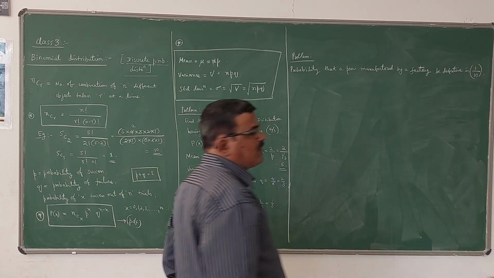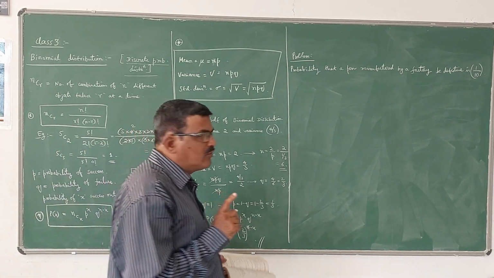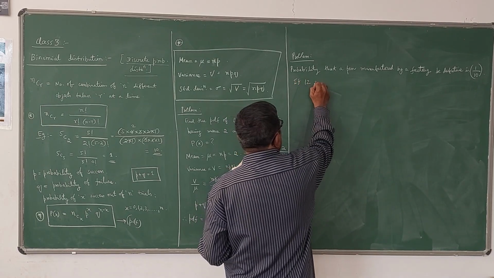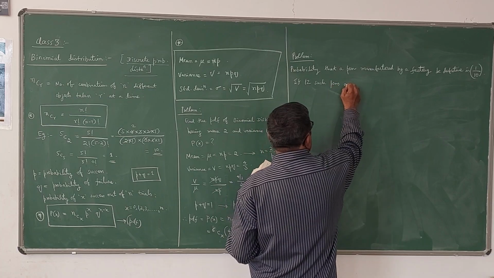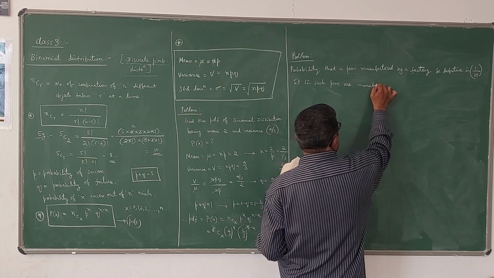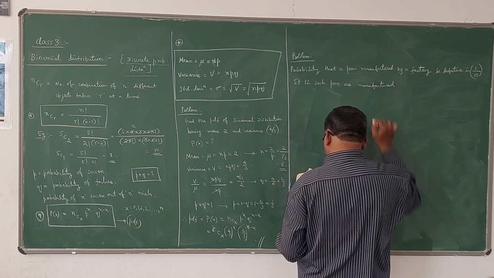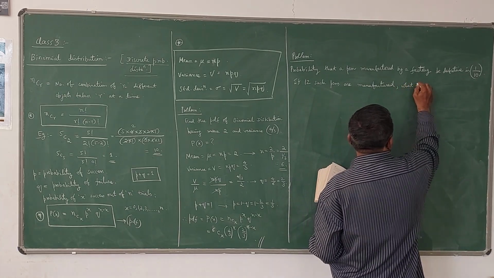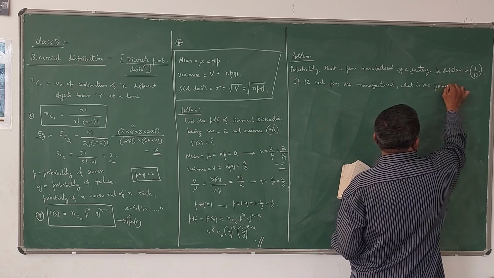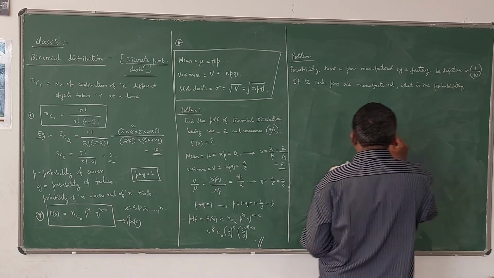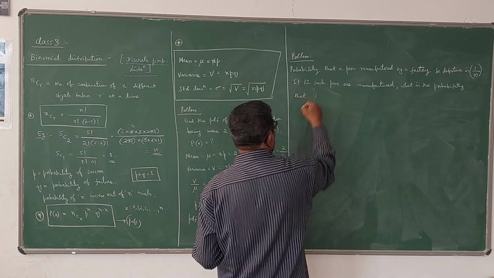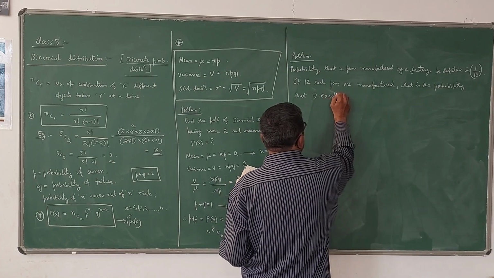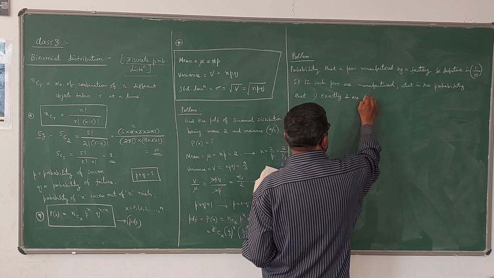That means out of 10 pens, 1 may be defective. If 12 such pens are manufactured, what is the probability that, number 1, exactly 2 are defective.